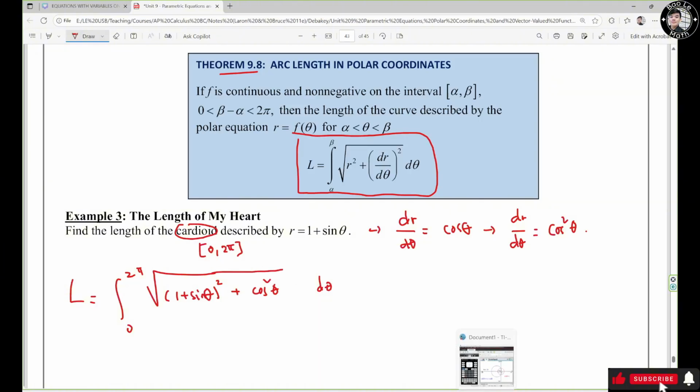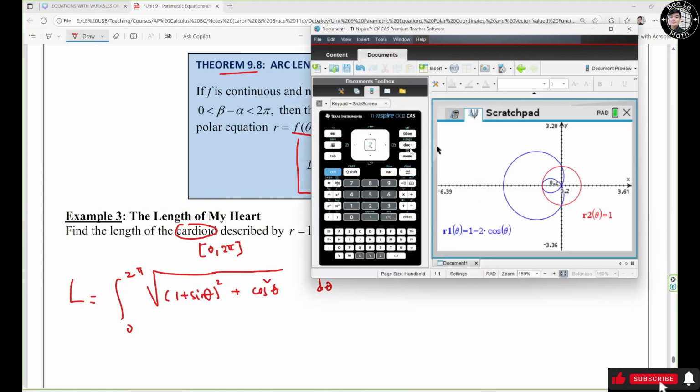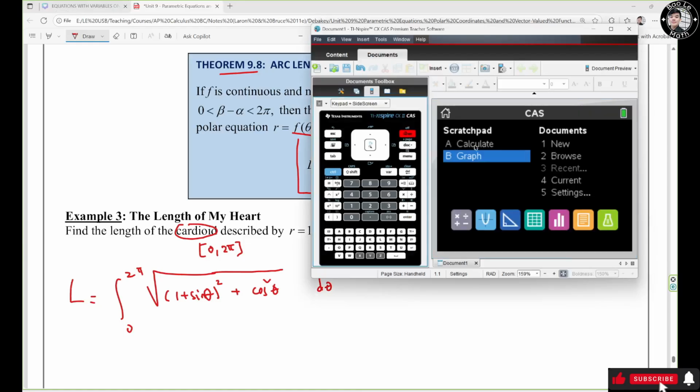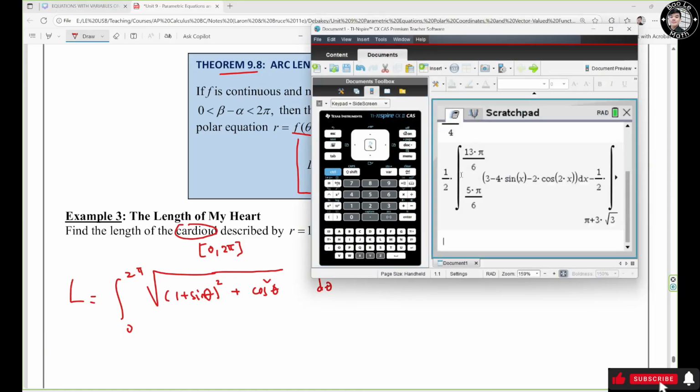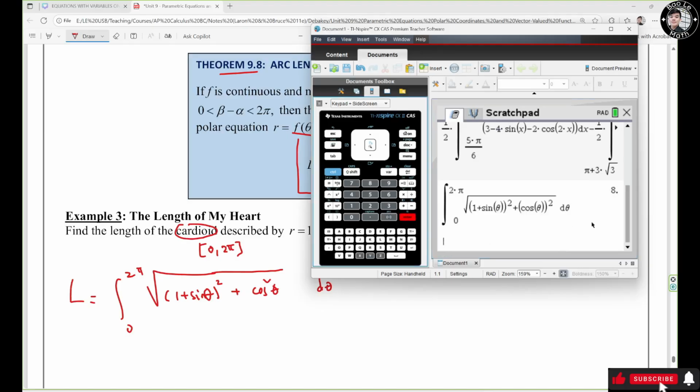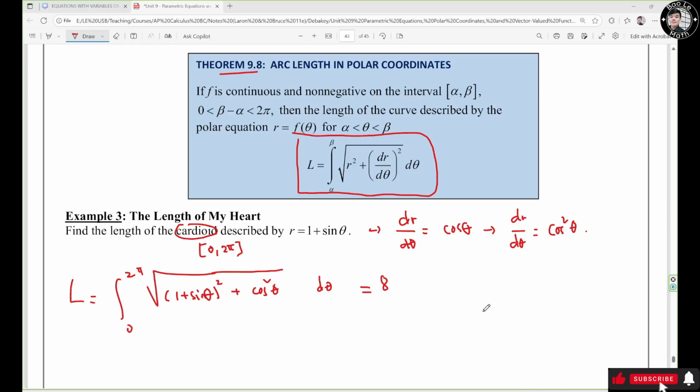And then you just bring up the calculator, press the integral right here, hit calculate. You press enter. The answer is 8, and it's your turn to solve.